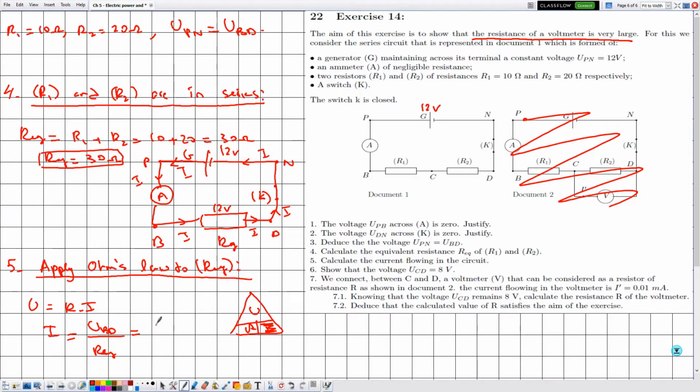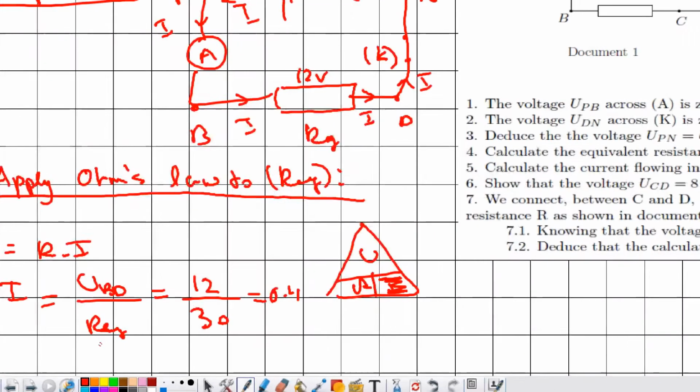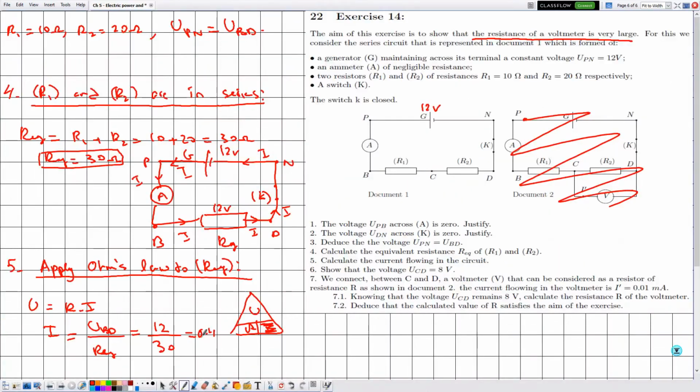So this is equal to 12 divided by 30. Plugging this on the calculator, the value of I is 0.4. Since U and R are expressed in the SI, the value of I will be in the SI, which is amperes. Then I is equal to 0.4 amperes.